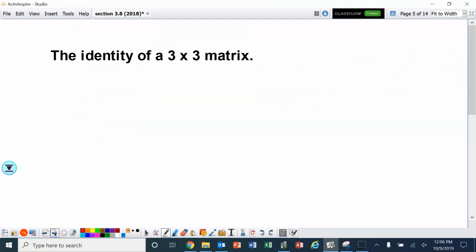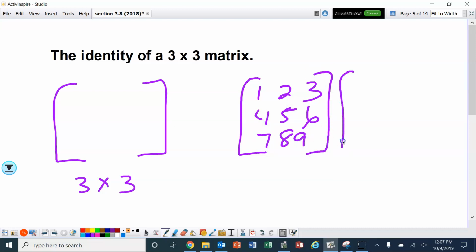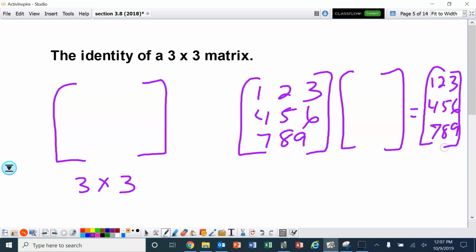Now, what about a 3 by 3 matrix? So if I had the matrix 1, 2, 3, 4, 5, 6, 7, 8, 9, what would the matrix be to give me the same numbers back? Sorry, it kind of got squished in there. All right, there's a pattern to this, ladies and gentlemen.